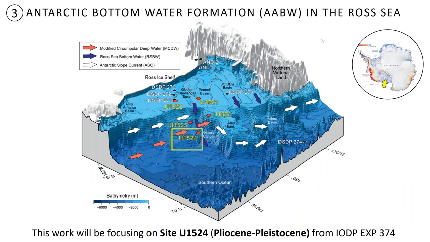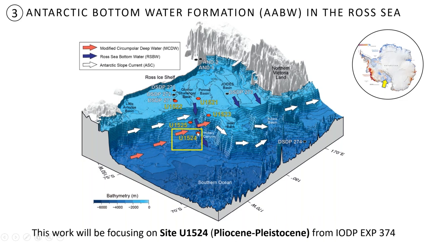So bottom water formation here is shown by this diagram, where these sites were drilled by Expedition 374, and we're going to especially concentrate on Site 1524, marked here by this yellow square.